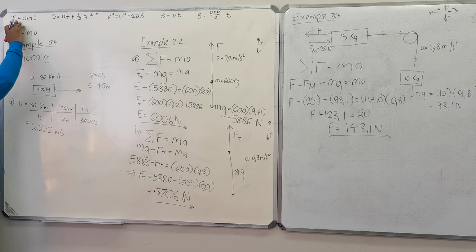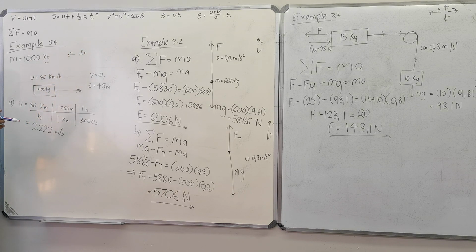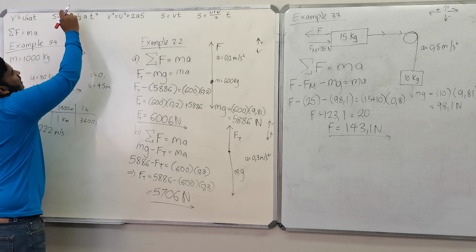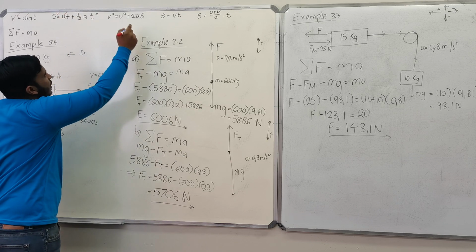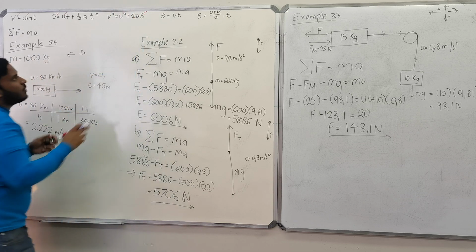We know final velocity, we know initial velocity. Acceleration, we're trying to work out. Time, we don't know. Displacement, yes. So we know final velocity, initial velocity, and displacement. We can use that formula there.